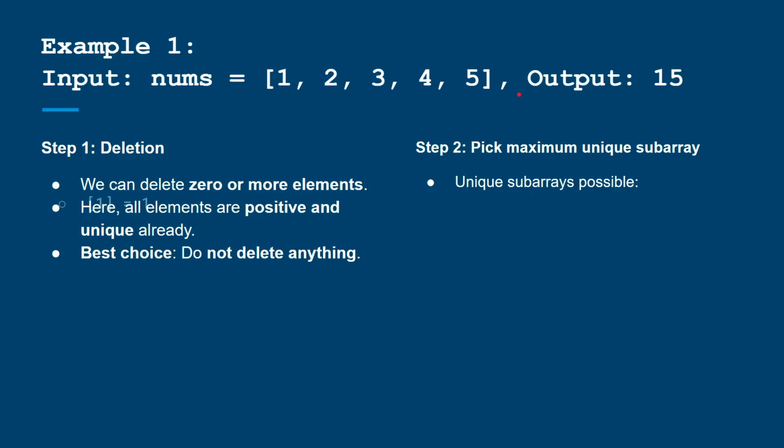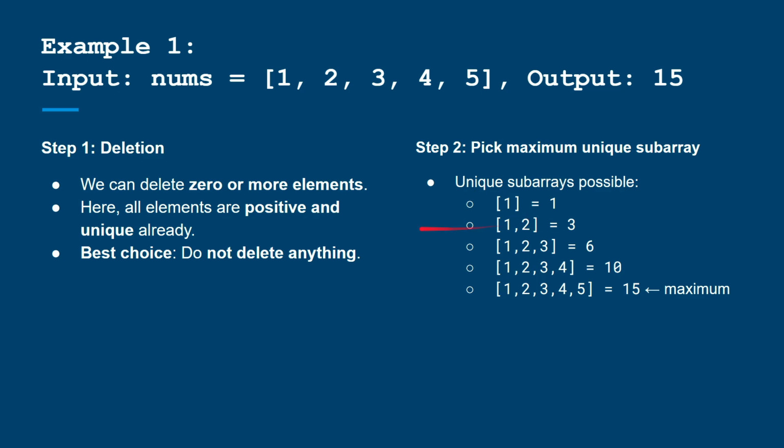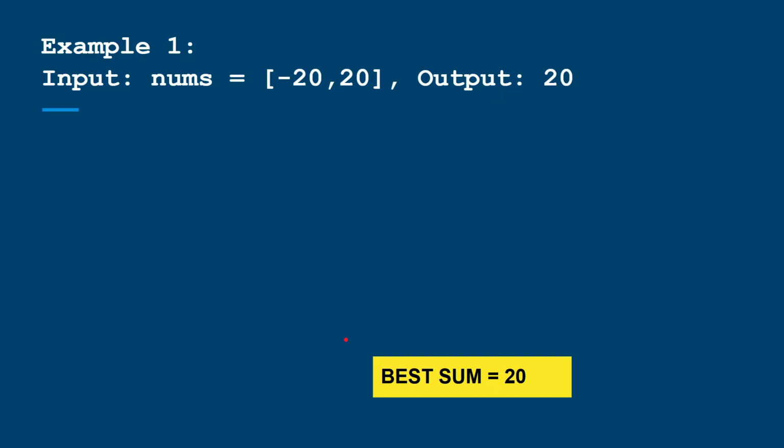The possible unique subarrays are 1, 1 2, 1 2 3, 1 2 3 4, and 1 2 3 4 5, each with its sum. As you can see, this is our maximum sum, so we return it as our answer.